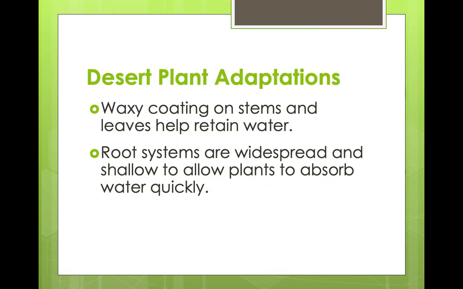Desert plant adaptations. Waxy coatings on the stems and leaves help retain water. Root systems are widespread and shallow to allow plants to absorb water quickly. So the stem of the plant has a waxy coating. Can you think of a candle?